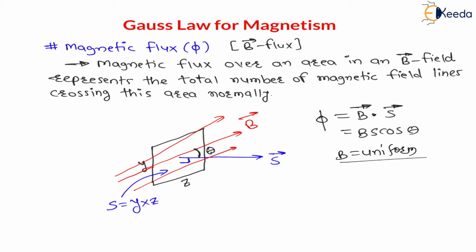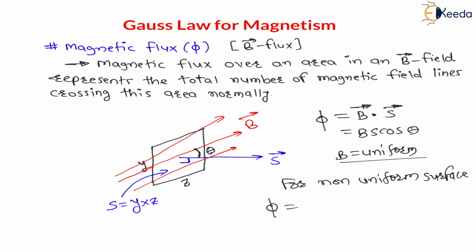But for a non-uniform surface, now let us say the magnetic field is not uniform or the surface is not uniform, so for a non-uniform surface the total magnetic flux, this phi, is nothing but, here we have to do integration.